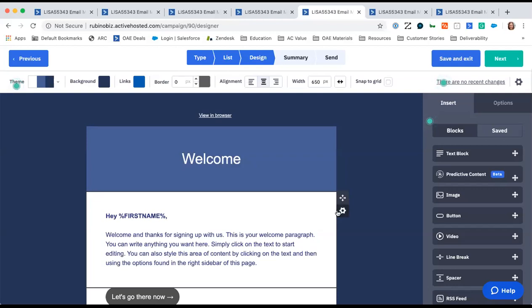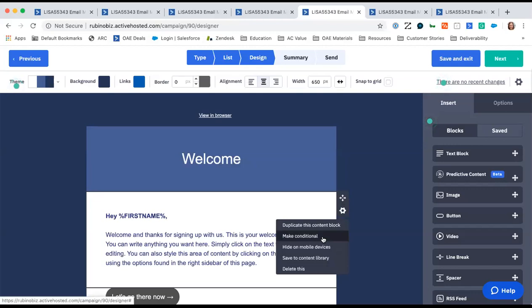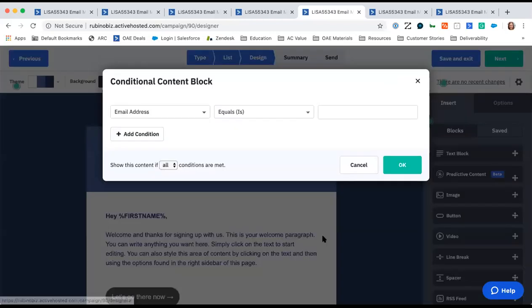You can create several different content blocks within one email and basically put bookmarks on each one. Maybe one is only shown for donors, one only for members, and one for volunteers, for example.